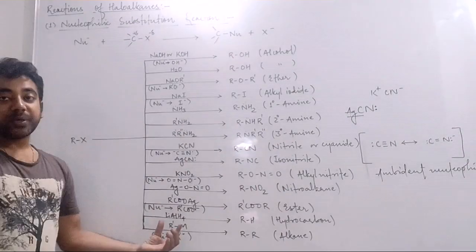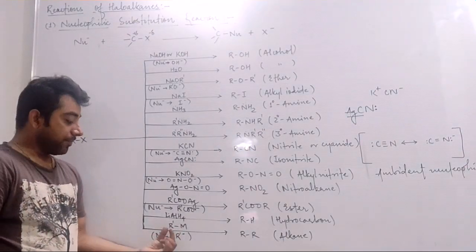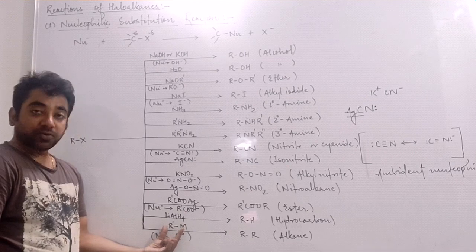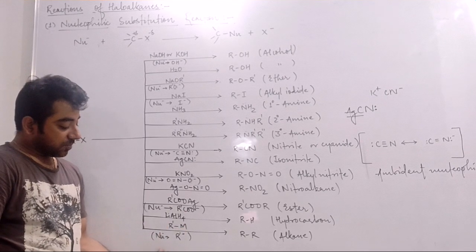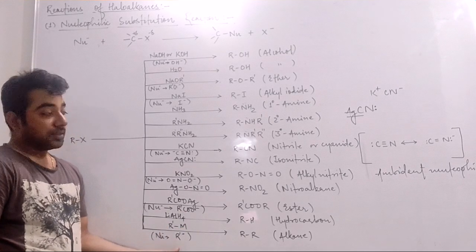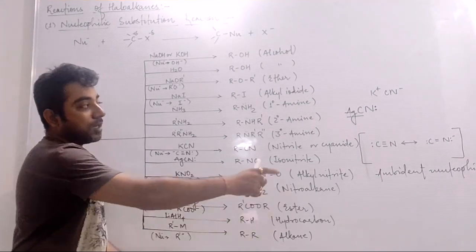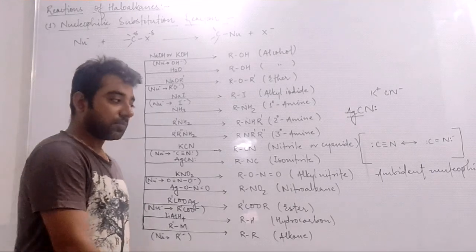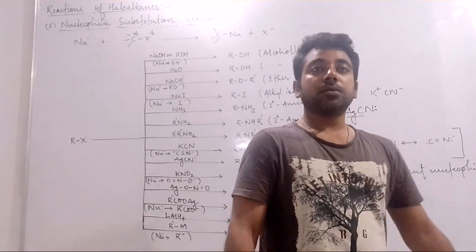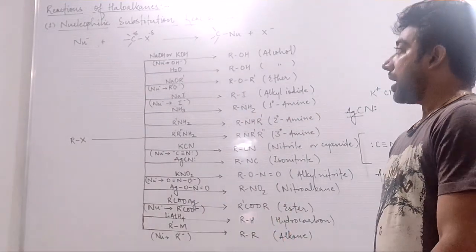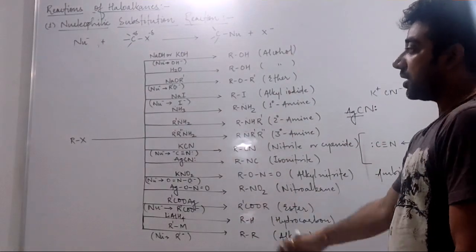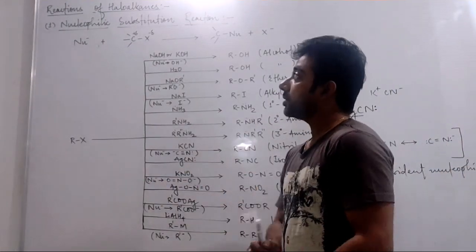And again organometallic compound can also act as a nucleophilic reagent. इसमें आपको nucleophile मिलता है carbanion. Halogen replaced by carbanion gives you alkane. This is all about the different nucleophiles and what products they will give upon replacing halogen.